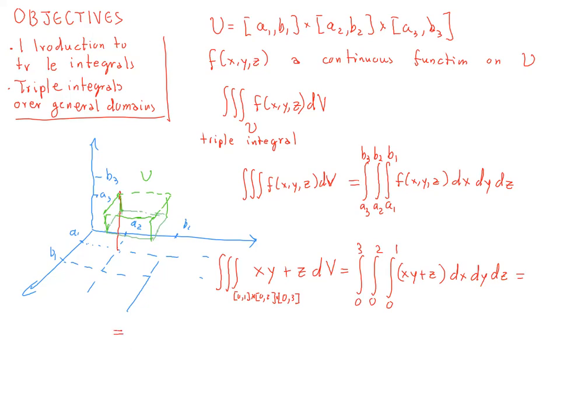If we take the antiderivative with respect to x, y and z are thought of as constants, then we will have x squared over 2 times y plus xz from 0 to 1. And this would run from 0 to 2 dy, and then from 0 to 3 dz.